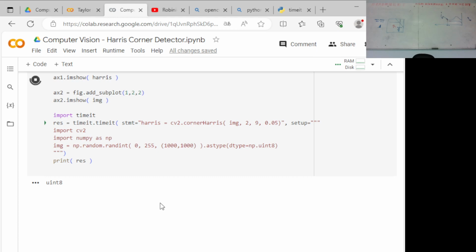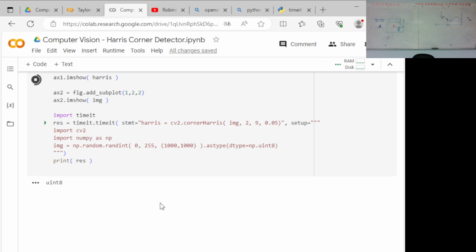And then it runs that a number of times and calculates. But most of the time, yes. If you run this a number of times, yeah, it should be very fast.